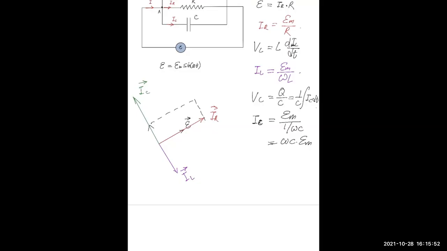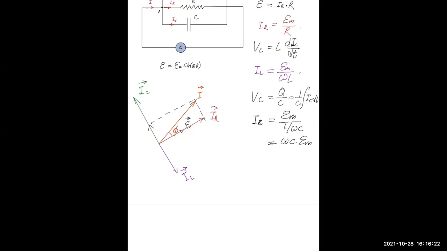Okay, so the total phasor, again, I'm going to use a different color. That's the total phasor, and that is the phasor for the total current, I. And there's an angle phi between epsilon and I. Now I can find both the magnitude and the phase angle phi.